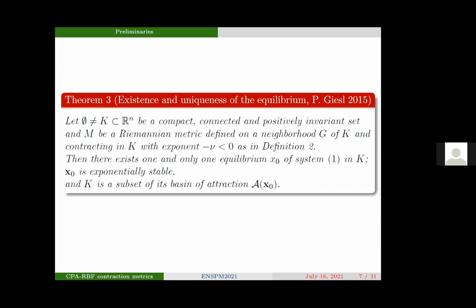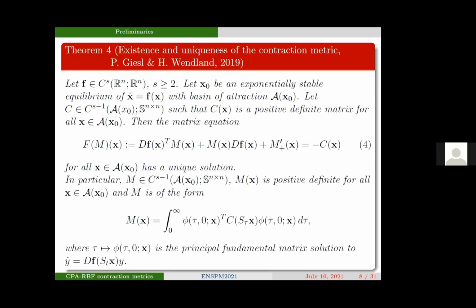Now, we know that if a contraction metric exists on a compact and connected positively invariant set, then we would have a unique equilibrium point there, and the basin of attraction includes the set on which the contraction metric has these properties. Inversely, if we start from an equilibrium point and its basin of attraction, then the solution of this matrix-valued PDE would be the candidate for a contraction metric.